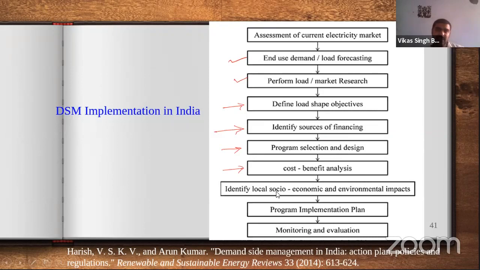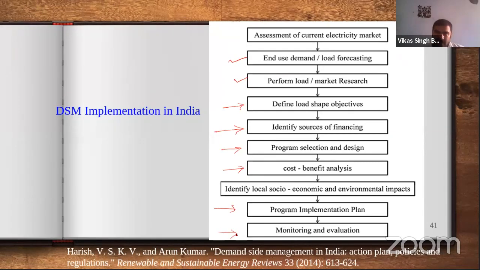And after that, what will be the impacts of that DSM? Impacts means the social impacts, economic impacts, and environmental impacts also; these have to be considered during the analysis. Then how that DSM will be implemented, and after the implementation, don't leave that.